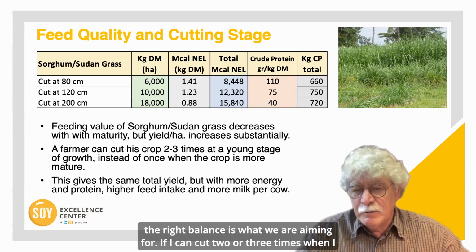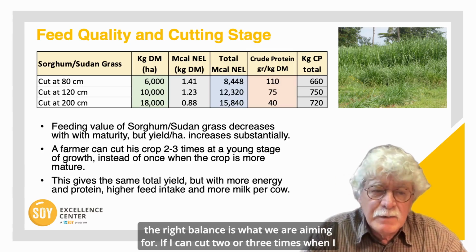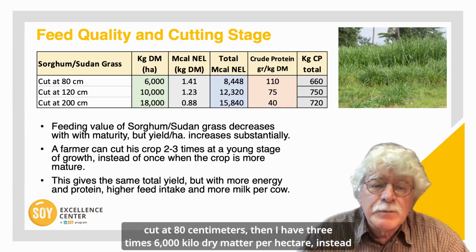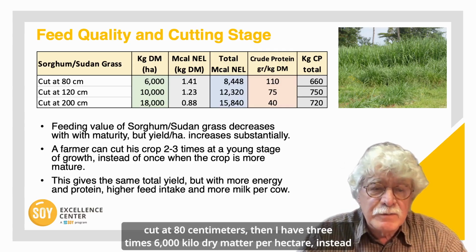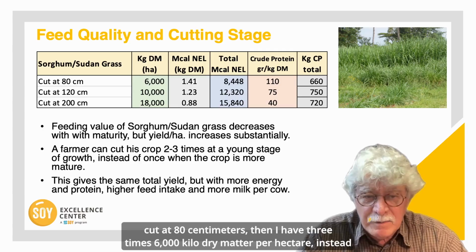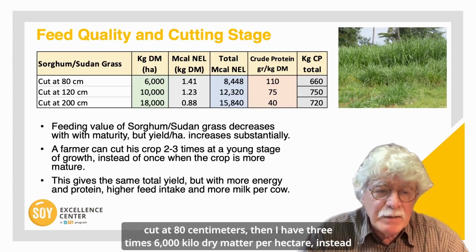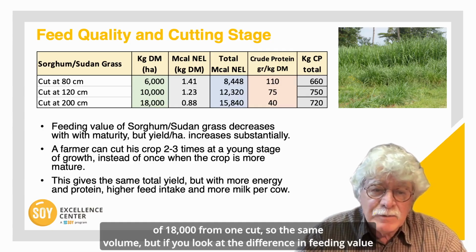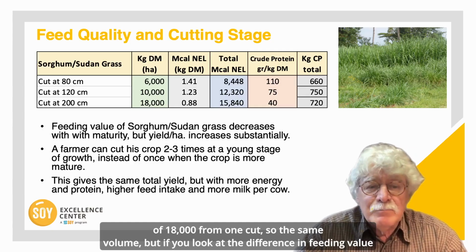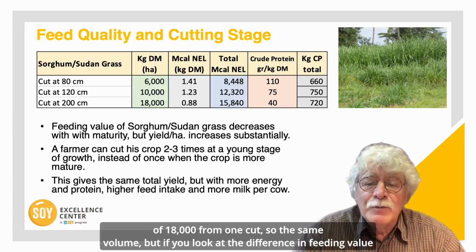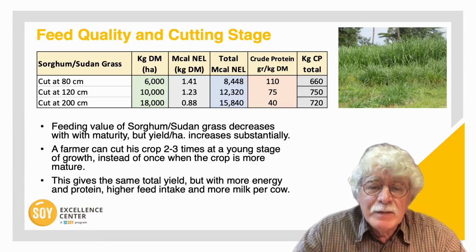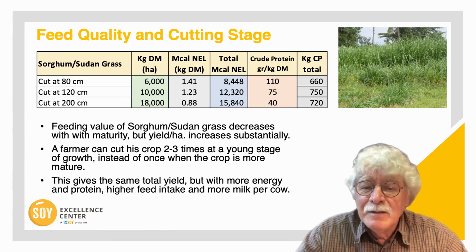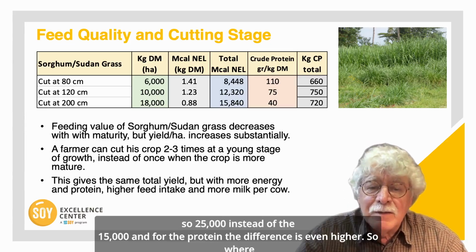If I can cut 2 or 3 times when I cut at 80 centimeters, then I have 3 times 6,000 kilo dry matter per hectare instead of 18,000 from one cut. So the same volume, but if you look at the feeding difference, I have 3 times the calories.